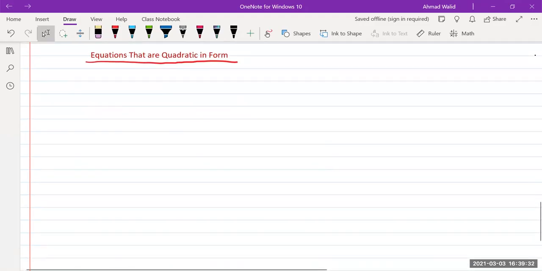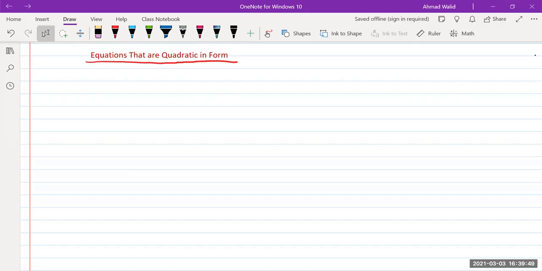There are some equations that are not quadratic. You cannot call them quadratic. They are not second degree, but they are quadratic in form. Correct?